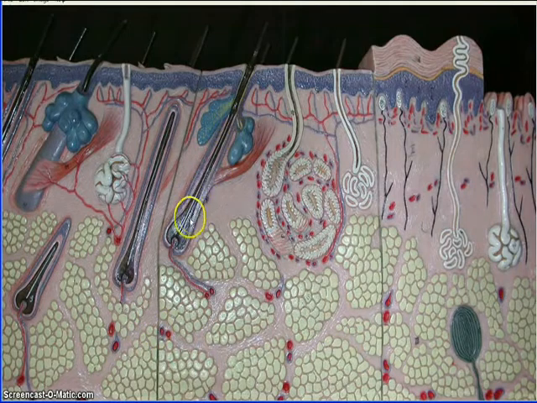Now here's the hair follicle. That was the sebaceous gland, and there's the erector pili muscle that contracts. It's a smooth muscle that contracts and causes goosebumps, makes the hair stand on end a little bit. There's the hair root, the hair follicle, the hair papillae.